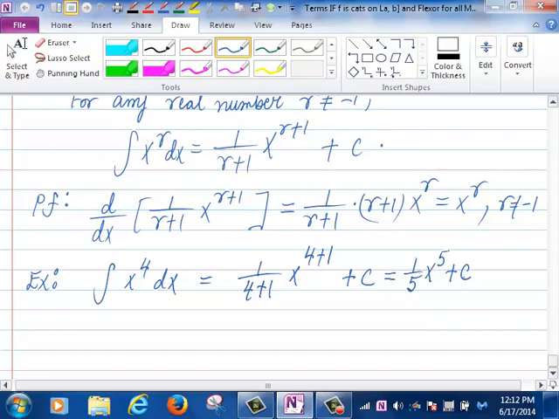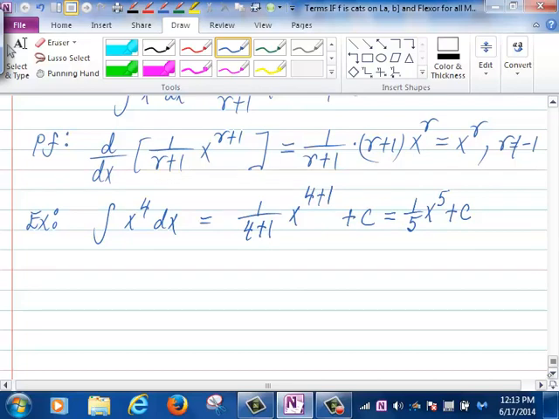I'm using the power rule. The indefinite integral of x to the r dx is 1 over r plus 1, x to the r plus 1, plus c. So here, in my example, r is 4. So we are using that power rule. Any other questions on this example? Everybody is doing okay?